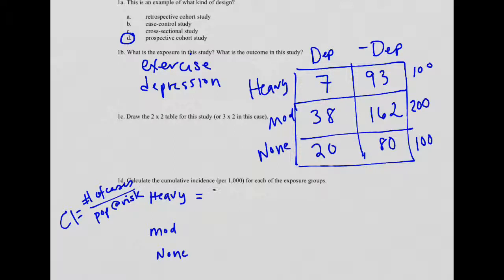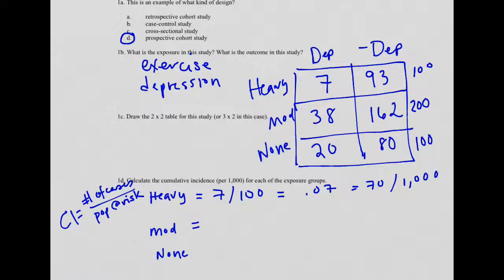So among our heavy, we ended up with 7 cases of depression among our 100 women who were in our heavy exercise group, our population at risk for that level of exercise. So this is 0.07, which is also 70 per 1,000 women.